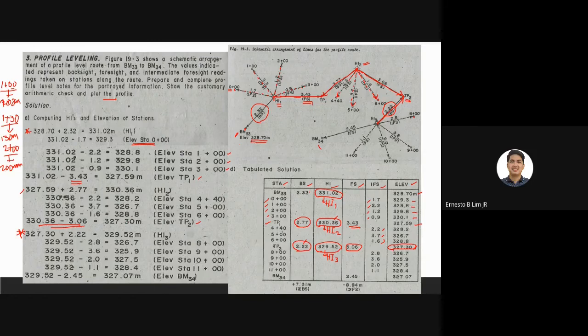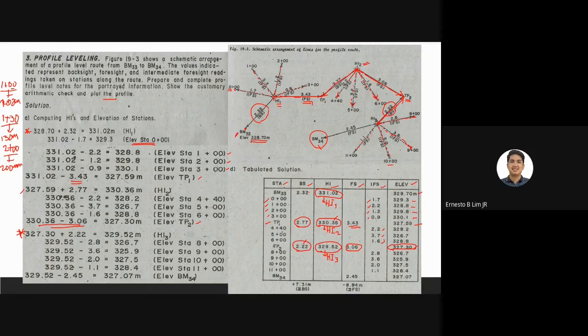Then after getting the backside, going back again to the procedure. So proceeding with the IFS reading for each station, 8 plus 00, 9 plus 00, then 10 plus 00, then 11 plus 00, and lastly for your BM34.